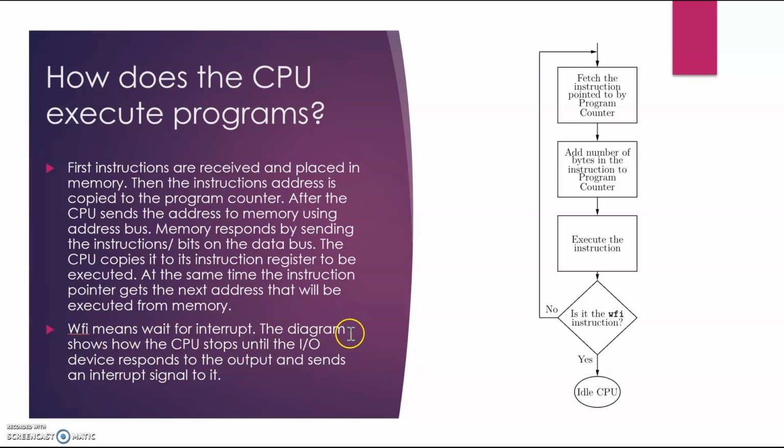The diagram shows that the CPU stops until the IO responds. If it isn't, then it'll just continue. But if it does need some type of signal from an IO device, then it will stop and wait for that interrupt signal. That is what it's called, an interrupt signal. Then it'll idle the CPU.